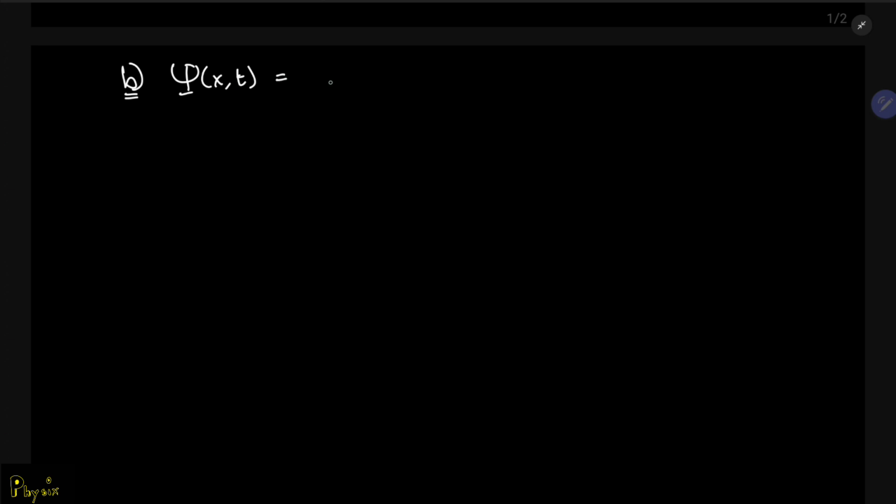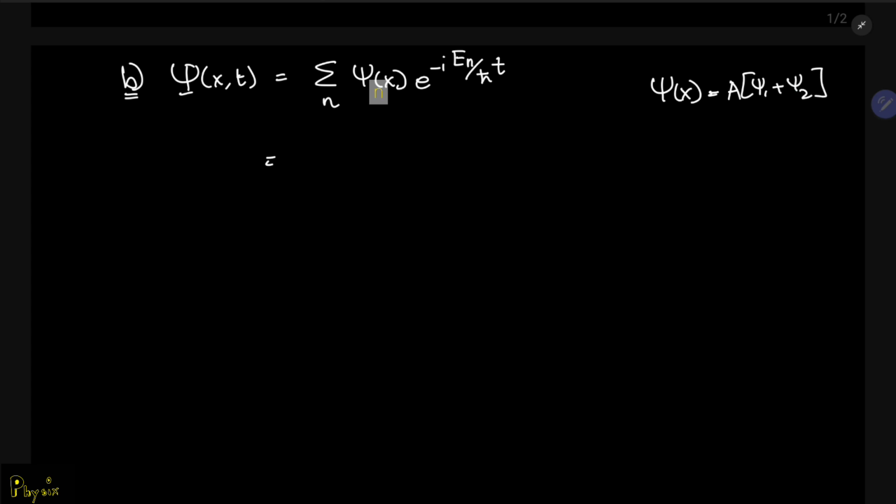So we can write down psi x of t as a summation over all n's of psi of x times the time dependent part, which is e to the negative E sub n all over h bar t. All right, so recall that your psi of x is basically a psi 1 plus psi 2, right? Both basically are functions of x, the stationary states inside.